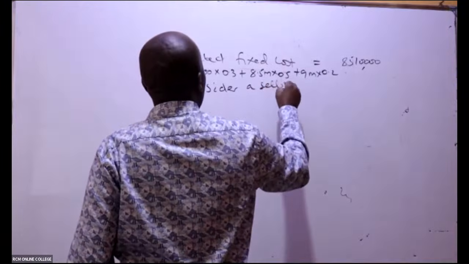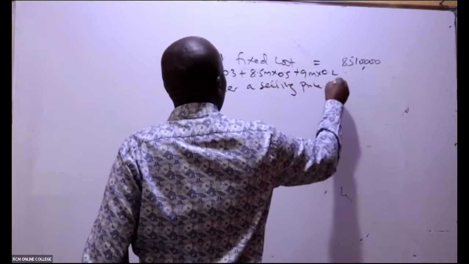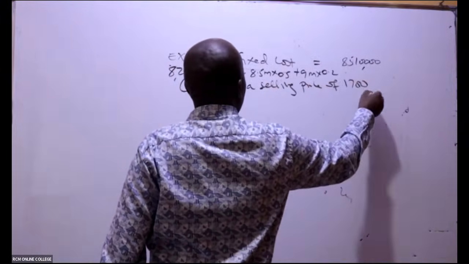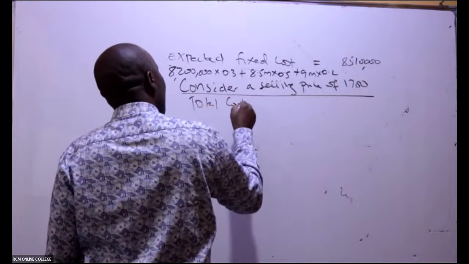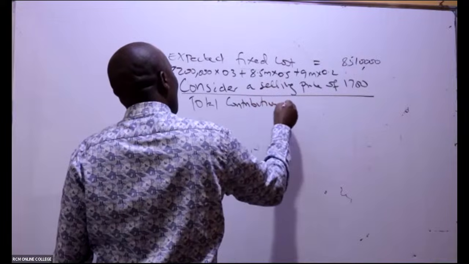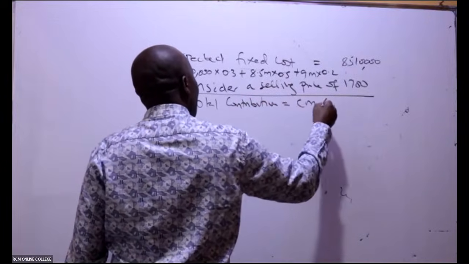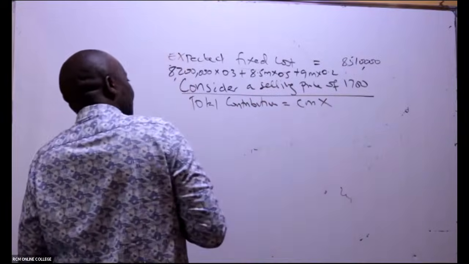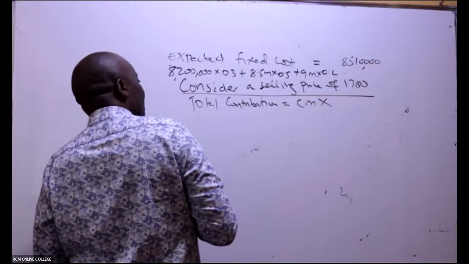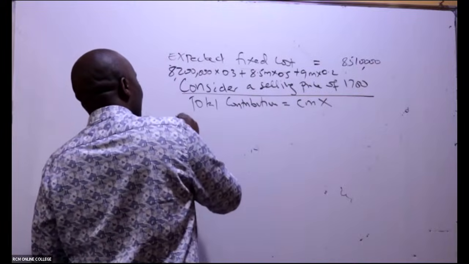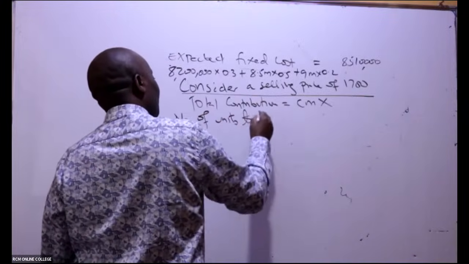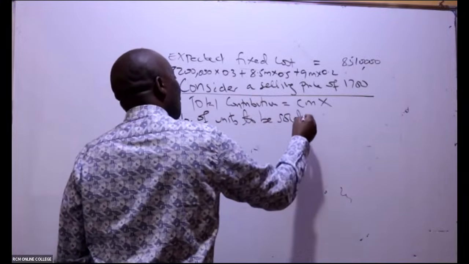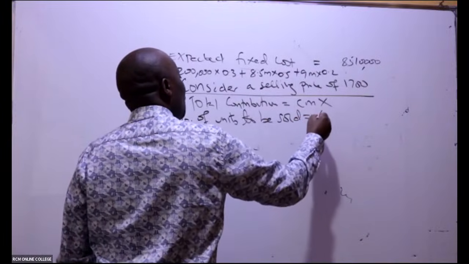I want to know the total contribution. So total contribution here will be contribution margin times number of units. So number of units to be sold, this will be the expected.